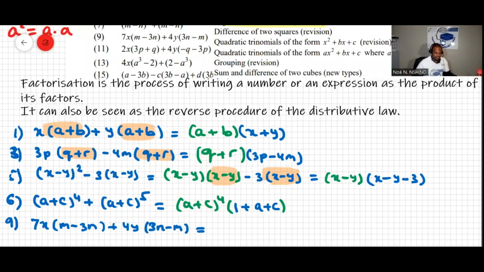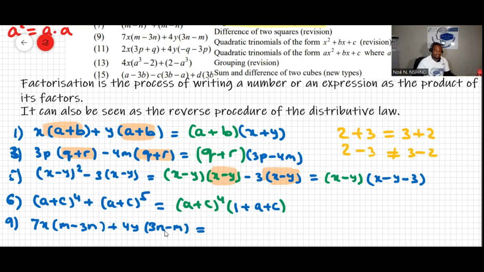For instance, 2 plus 3 is the same thing as 3 plus 2. But now this is subtraction. m minus 3n is not the same as 3n minus m, for the same reason that 2 minus 3 is not the same as 3 minus 2, because one is negative 1 and the other is positive 1.